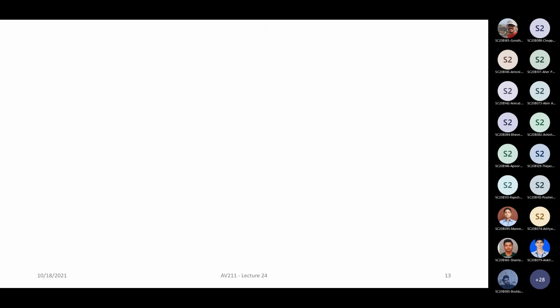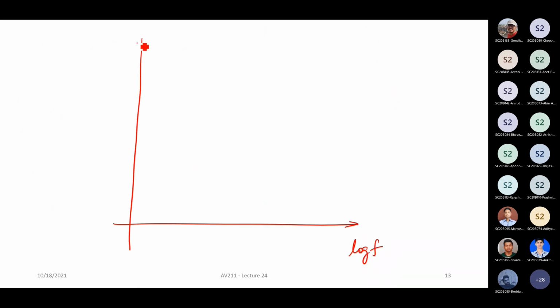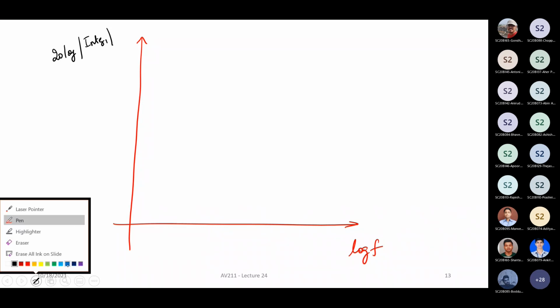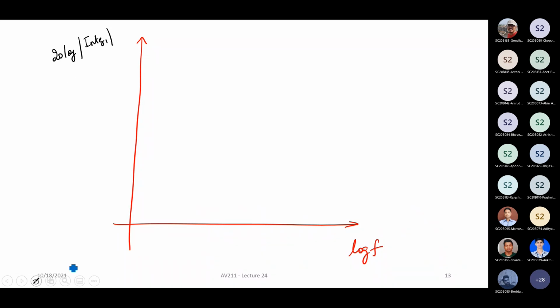So if you were to compare the Bode plots, let's say this is log f on the x-axis, and this is the 20 log of, let us say, integrator 1 and 20 log of, let me use different colors, 20 log of mod of integrator 2. Integrator 2 has the R2 added.